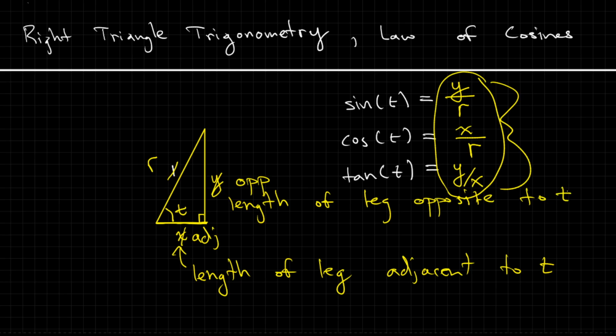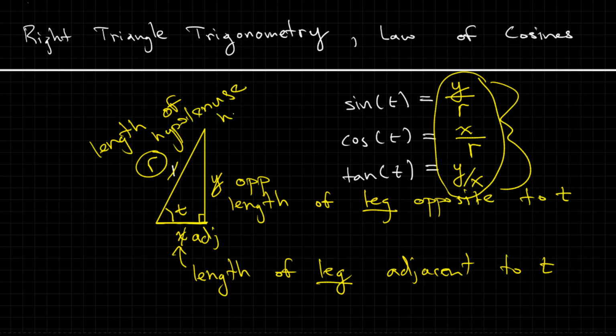Now the legs of a right triangle, those are the sides which have the shorter length. R here is the length of what's called the hypotenuse, and it's frequently abbreviated HYP.